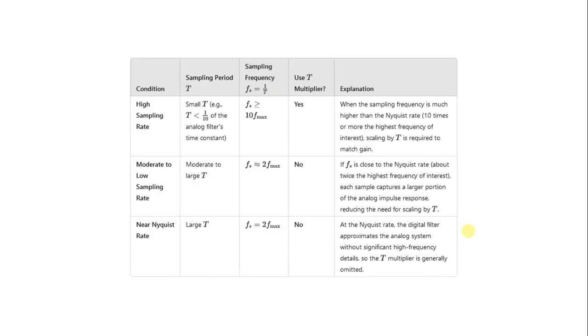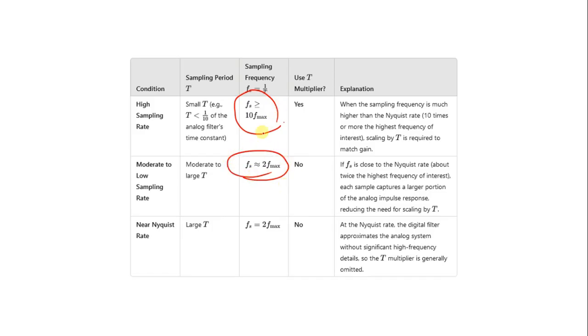Another important thing: usually this T factor is used when there is a high sampling rate, usually when the sampling frequency is greater than or equal to 10 times f max. Usually we have this Nyquist rate of fs nearly equal to 2 times f max.